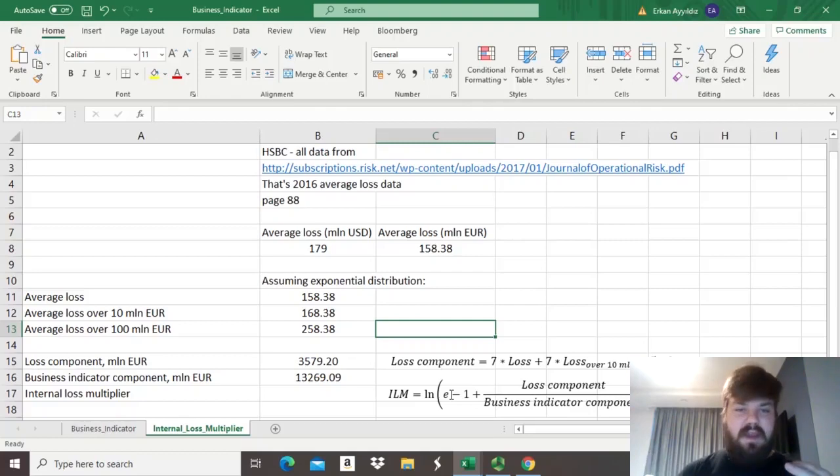So if the bank is likely to suffer high losses frequently, particularly losses that are higher than 10 million or even 100 million euros, then the bank would be penalized in terms of its operational risk capital charge by having its business indicator component multiplied by a higher internal loss multiplier.